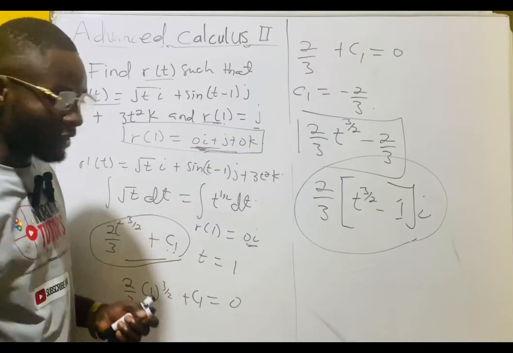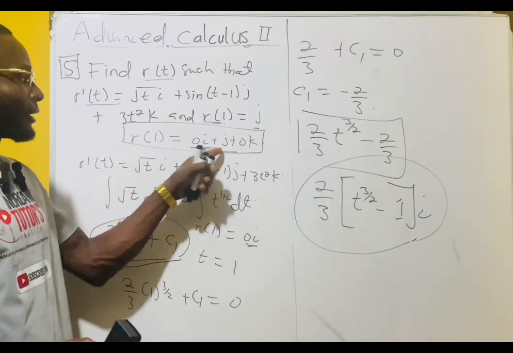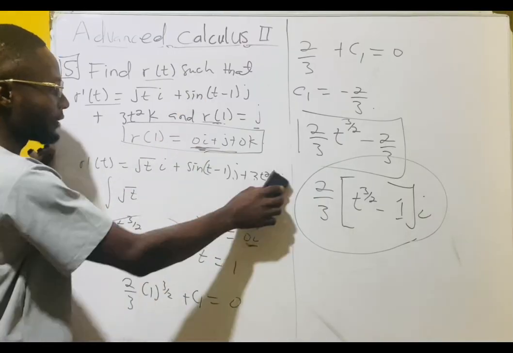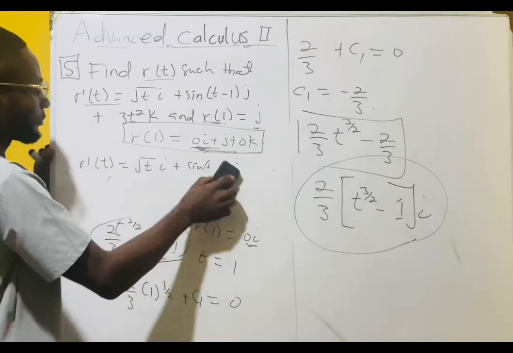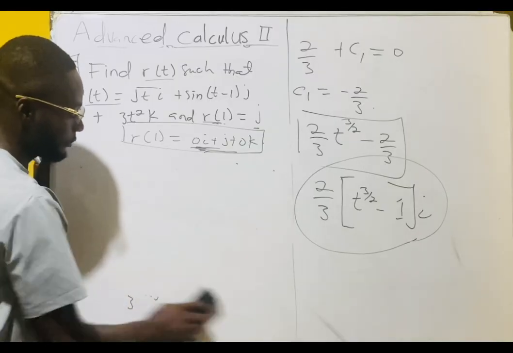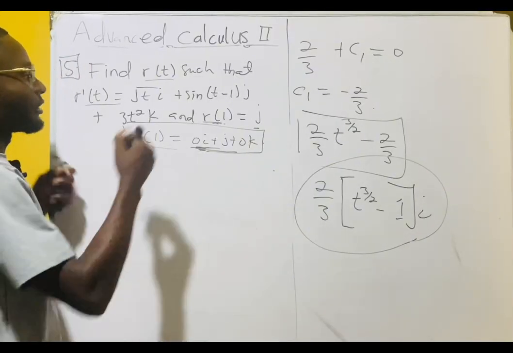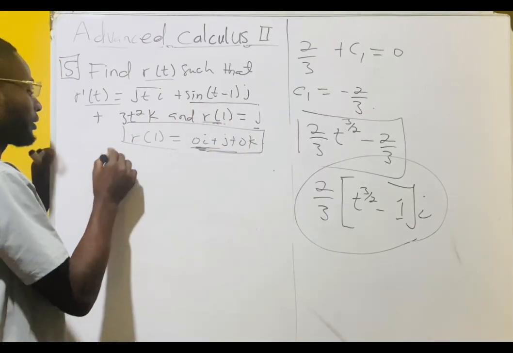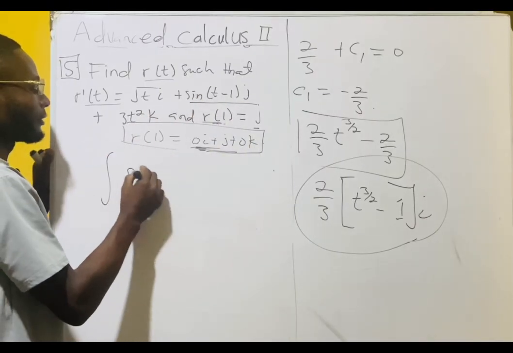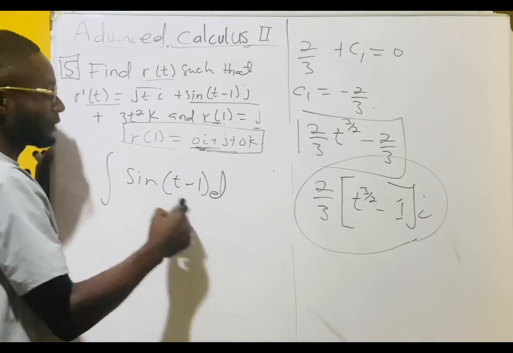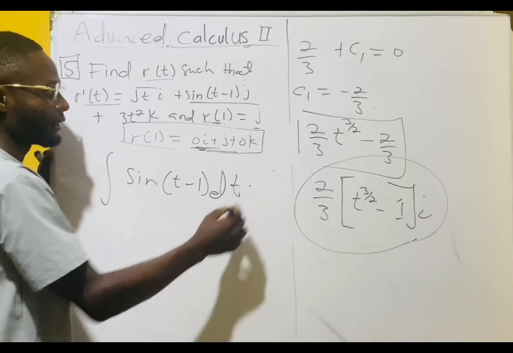Okay, so let's look at the second part, which is the j component. So we integrate that as well. So we're going to integrate the j component, which is the integral of sine of t minus 1 dt, right?